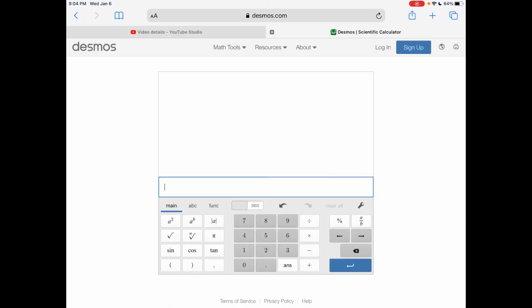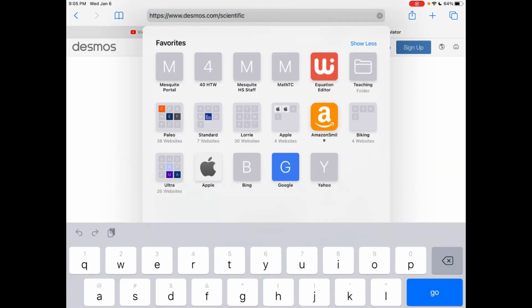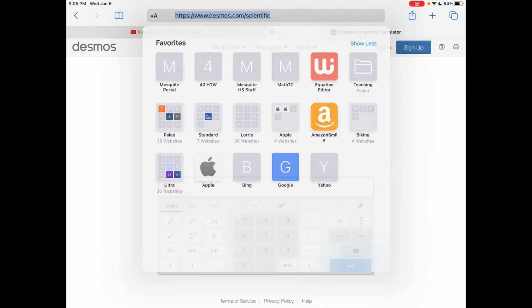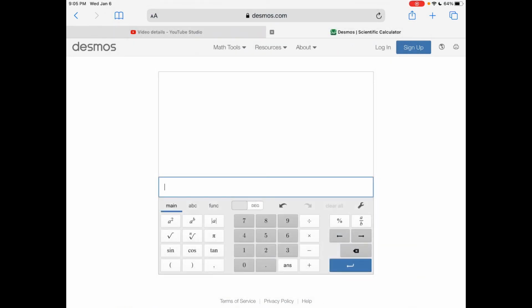All right, so I'm at desmos.com/scientific, and I'm going to put in my 3 for x in that equation. So the first thing I had was an x to the 4th, so I'm going to say 3 to the 4th. I'm putting the 3 in parentheses. It's a little bit redundant when the number is positive, but when the number is negative, it becomes super important to use parentheses around the number you're plugging in for x.